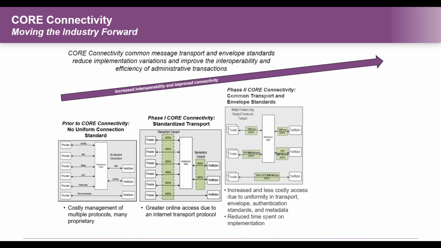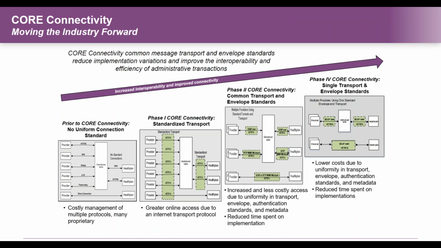So the progression of the various phases of the connectivity rule is shown in this visual. On the left-hand side, the rectangle there shows the scenario before the application of any of the core connectivity rules. So there's a variety of methods in use for exchanging administrative transactions. The application of the phase 1 connectivity rule is shown in the next rectangle. So basically that phase standardized on the use of the public internet, but there were still a lot of variations in the use of the message envelope and security.